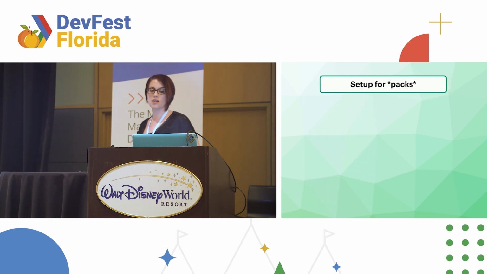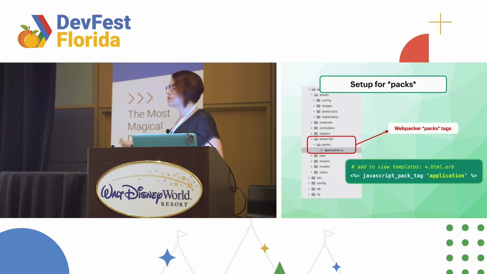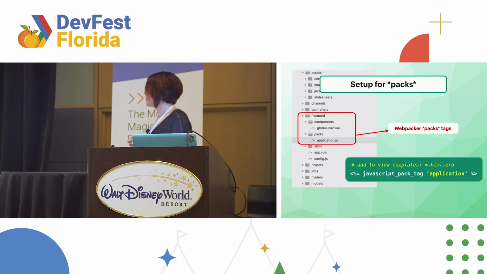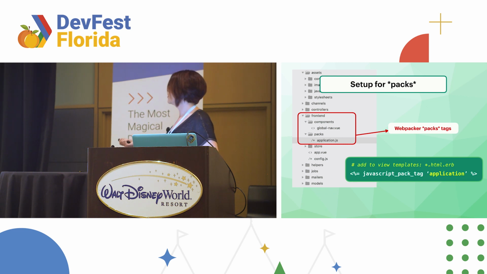And now we're going to set this up for Webpacker packs. Now this you saw before. This is what my original installation looked like, and that is the JavaScript pack tag application. So now I've changed it, and it has a little bit of a new directory structure, a new name, front end, but I'm still going to call it the JavaScript pack tag.